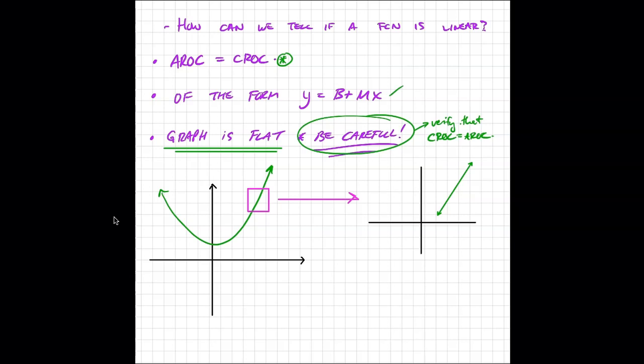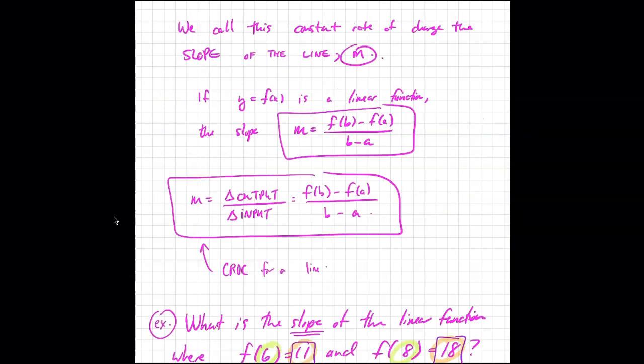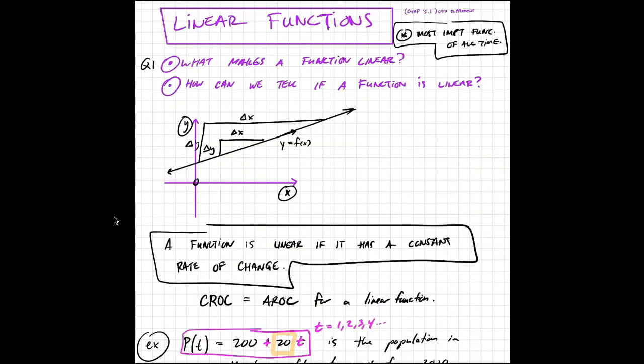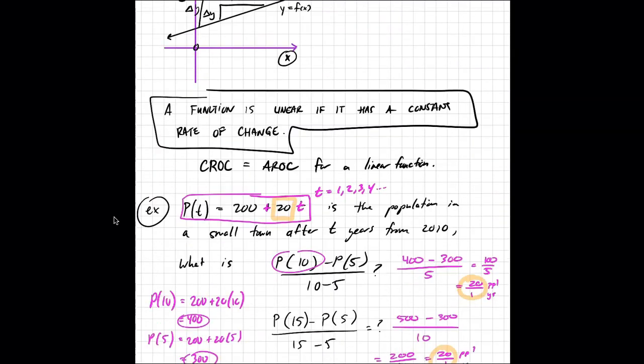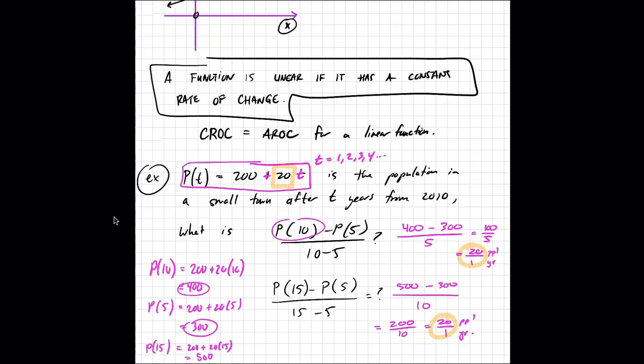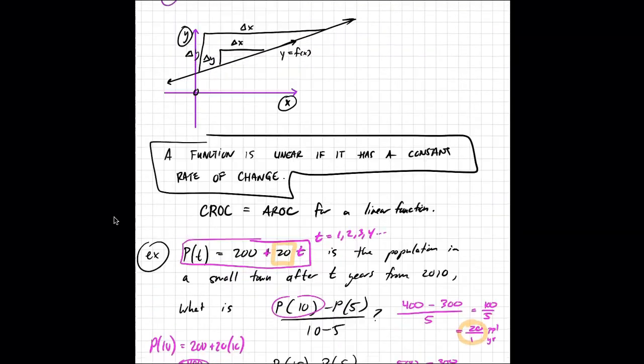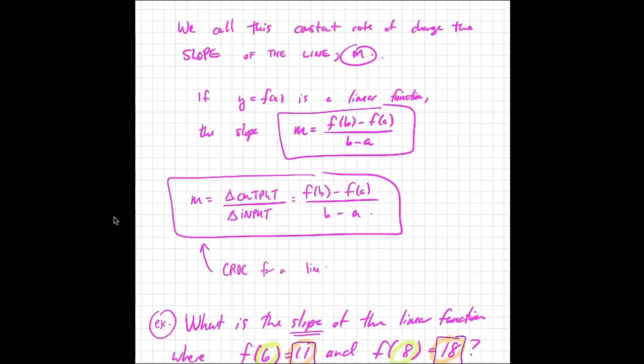So if you have any questions on this, be sure to hit the class discussion forum, and just be really mindful of the notation being used here for the average rate of change formula, and I was also going to say this formula here for the slope. Change in the output over change in the input is what gives you the slope for a line, or the constant rate of change for a line.